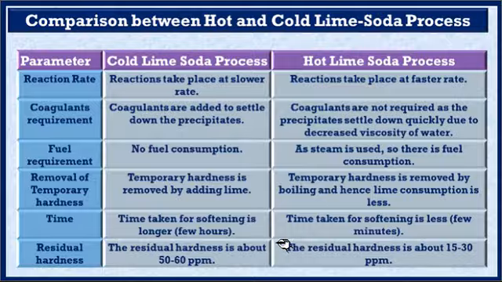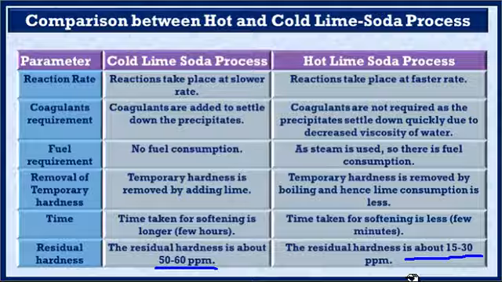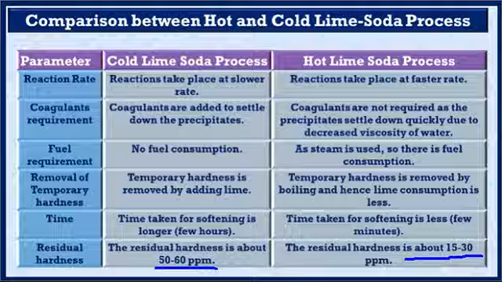In the cold lime soda process the residual hardness is 50 to 60 ppm, while in the hot process it is only 15 to 30 ppm. So in all we can conclude that the hot lime soda process is a much more efficient process for water softening as compared to the cold lime soda process.